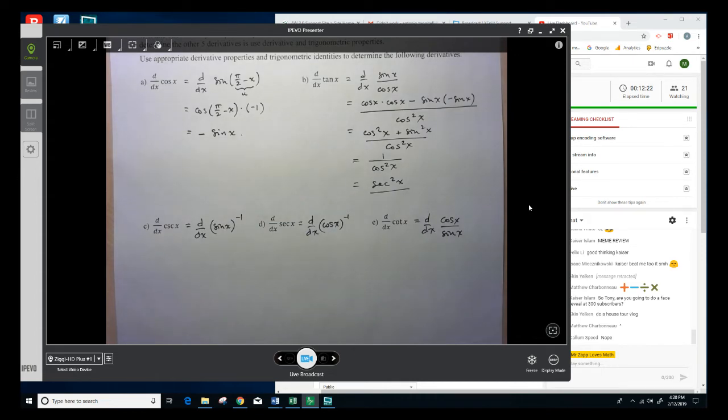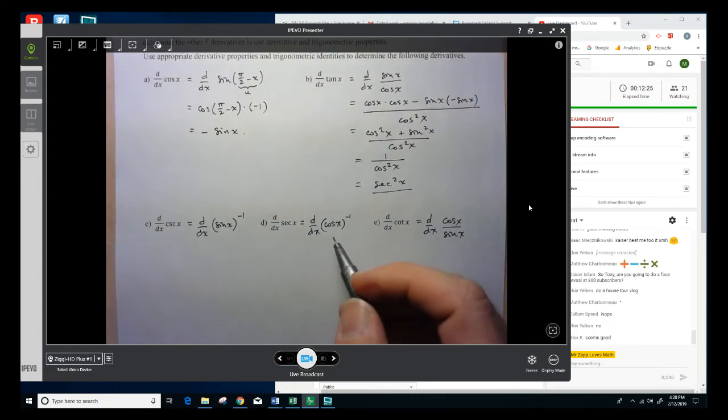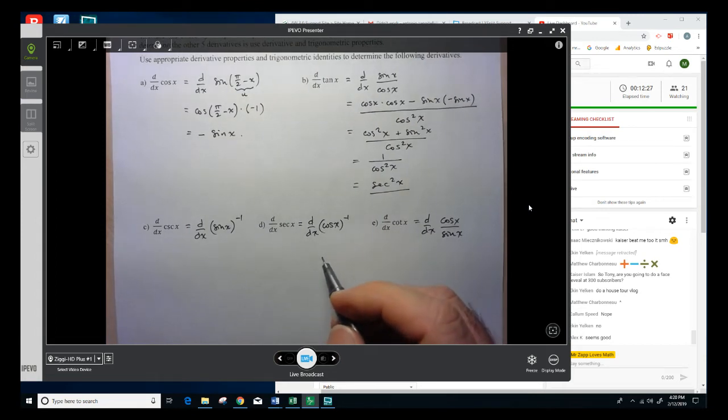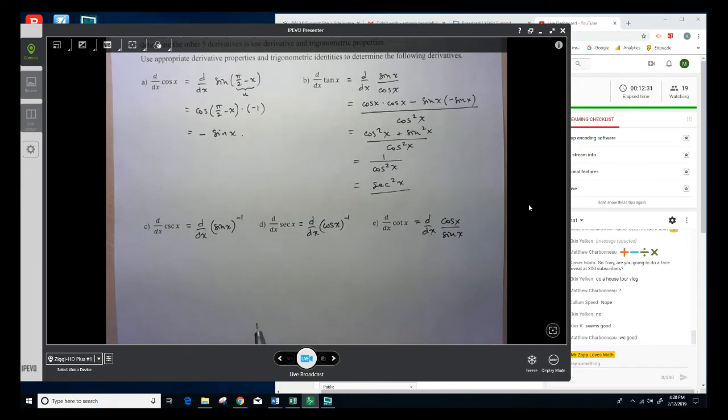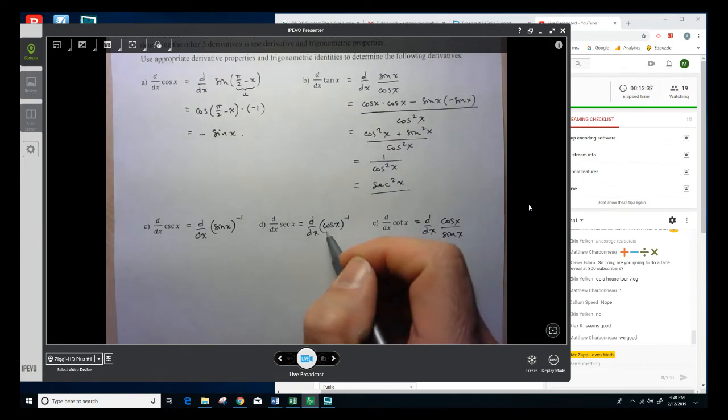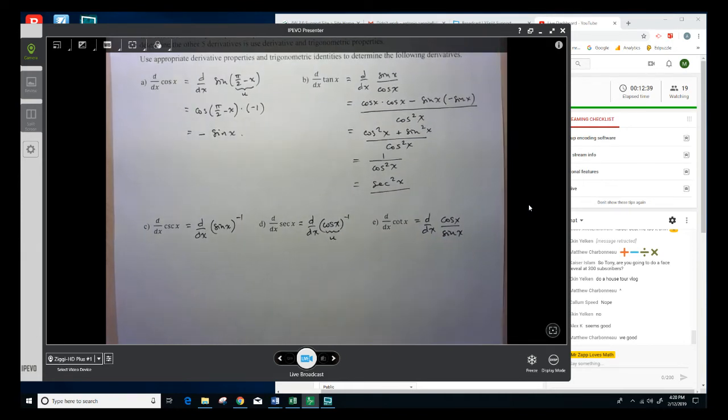Okay, and so again, while you could write it as 1 over cos and use the quotient rule, it's much more efficient to write it as cos x to the negative 1 and use the chain rule. All right, so here u is going to be our cos x. So first we take the derivative of the exterior function, which is u to the negative 1, which of course is negative 1 times u to the negative 2.